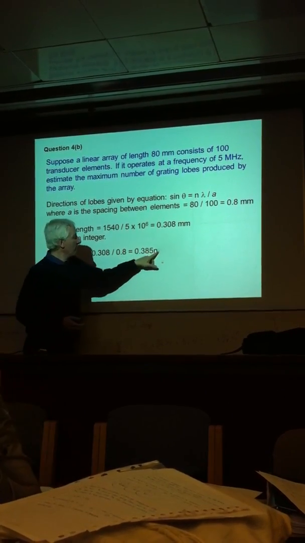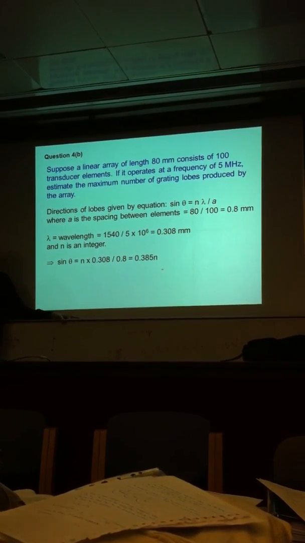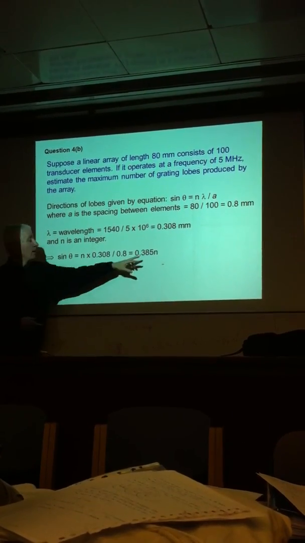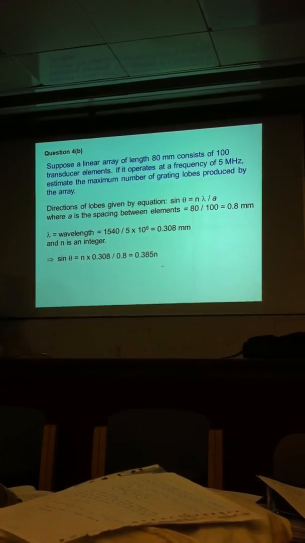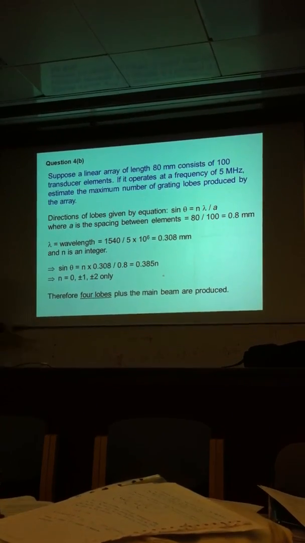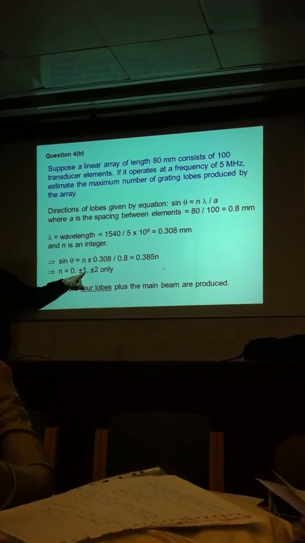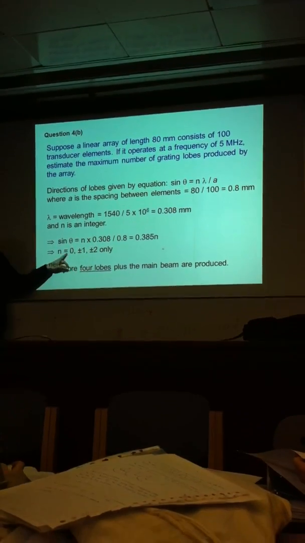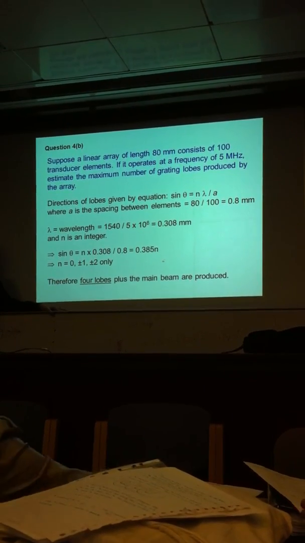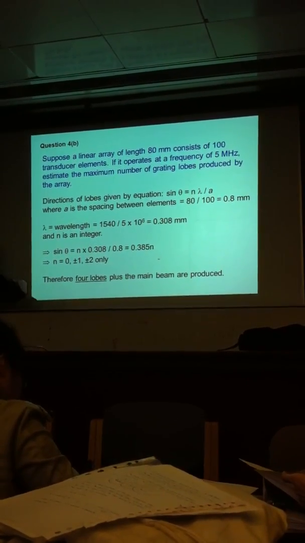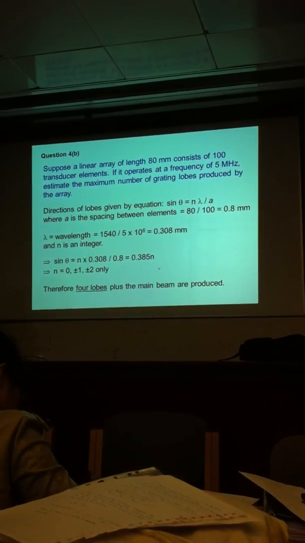Therefore, it's the number of possible values of n that will satisfy that being no greater than 1. Solutions are n to be 0, which is your main beam, and plus or minus 1, plus or minus 2. Since 0 is our main beam, there are 4 other lobes, 2 on each side, that can exist for this array.